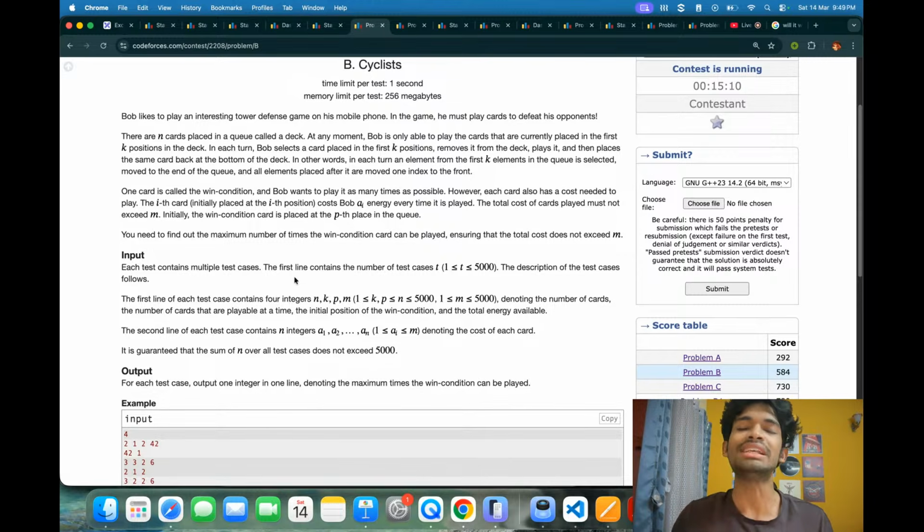And a queue is more understandable for programmers than cards. You guys should play more cards. All elements placed after it are moved one index to the front. One card is called the win condition, and Bob wants to play it as many times as possible.